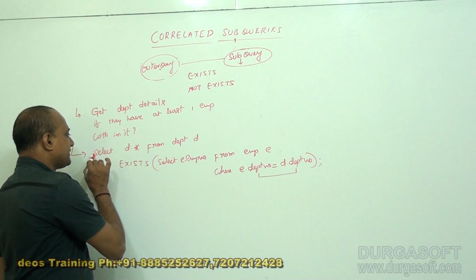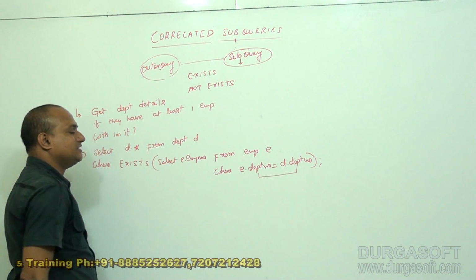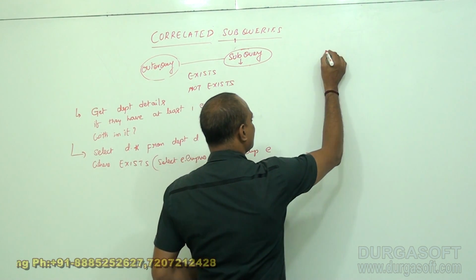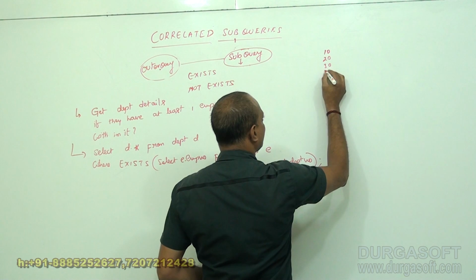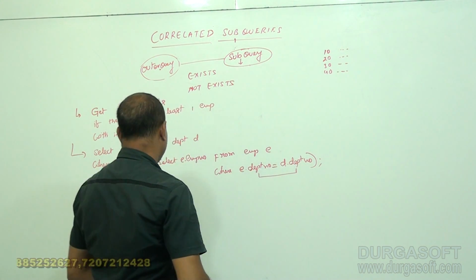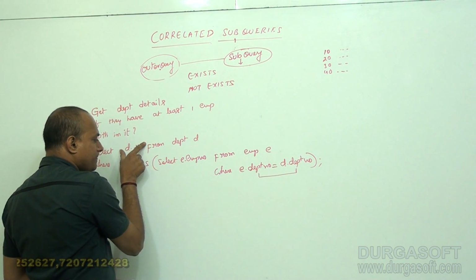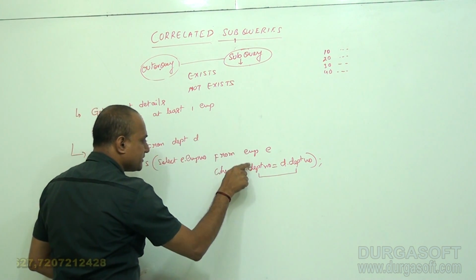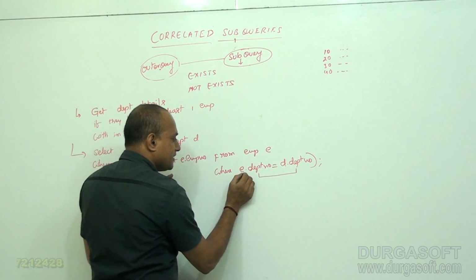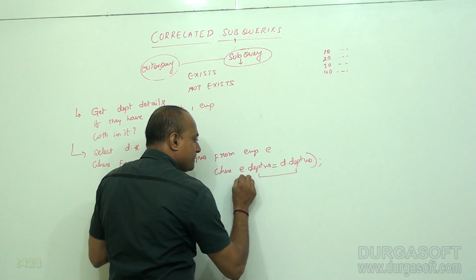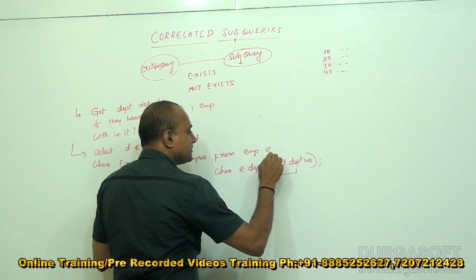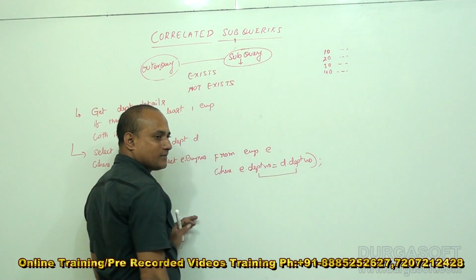It is selecting all department details: 10, 20, 30, 40. Let us assume some department names. From the selected values, the first value 10 will be sent to the subquery. It is taking the employee department number; suppose 10 is verified with all departments.